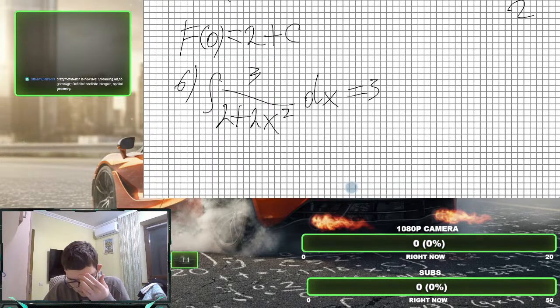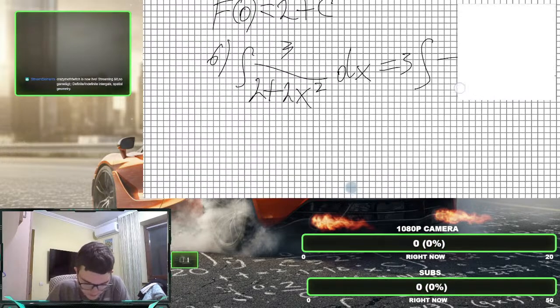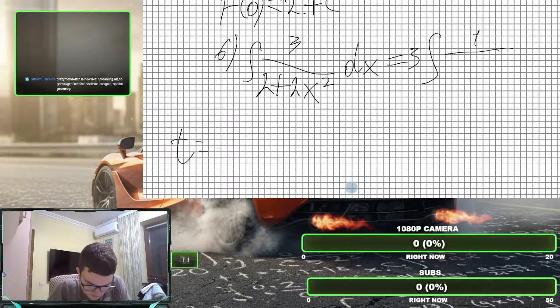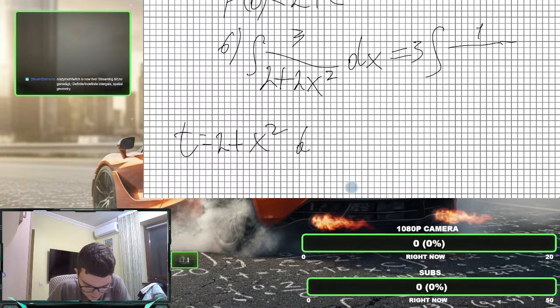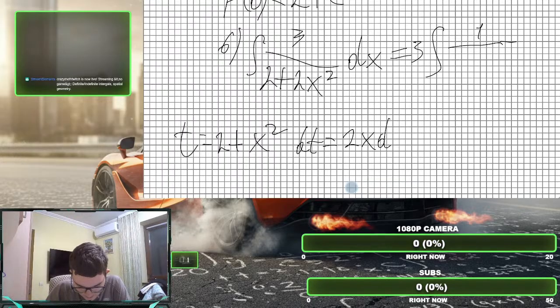Essentially, now I have the integral, but I'm not gonna write it down again. I'm just gonna start with t, 2 plus x to the second power. dt is just that derivative, so 2x dx.